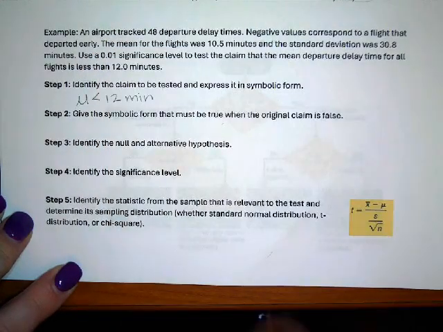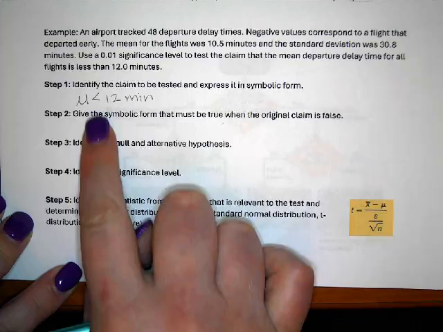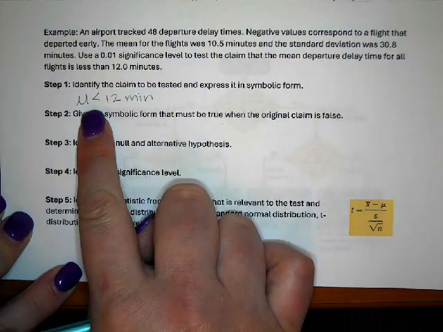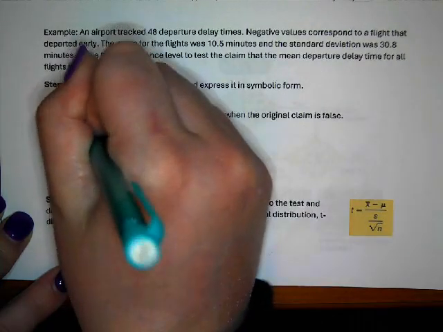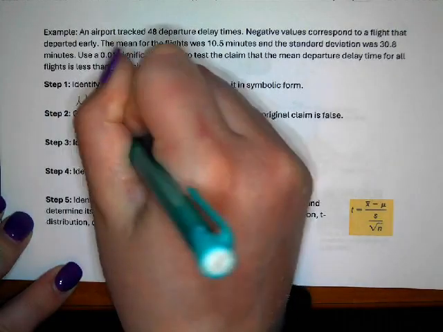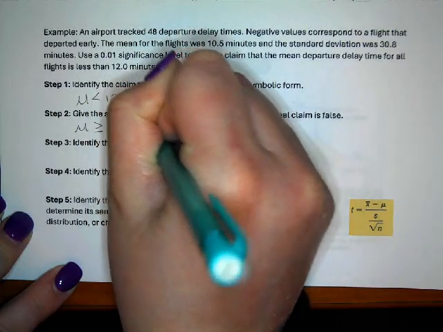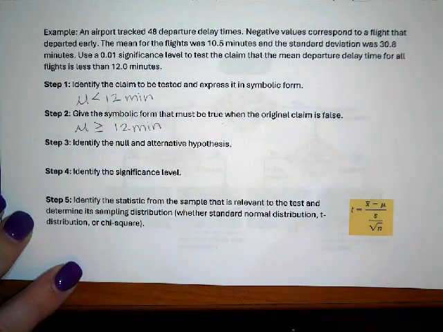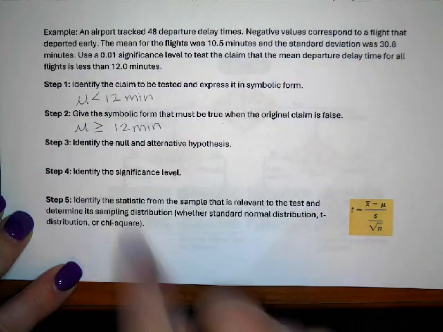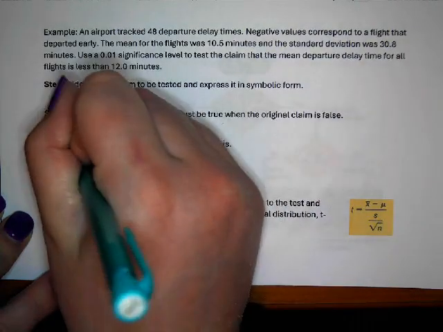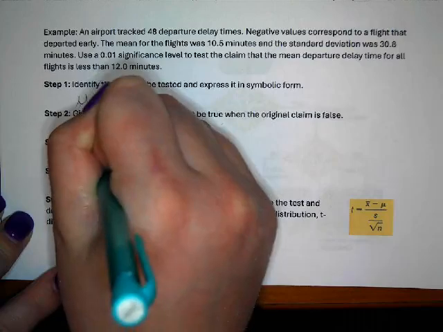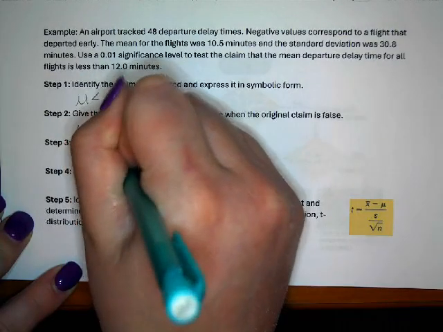The exact opposite of this is greater than or equal to 12 minutes. The null hypothesis is always the equal to version, but only using an equal sign. So mu is equal to 12 minutes.